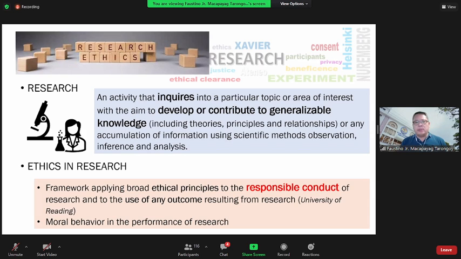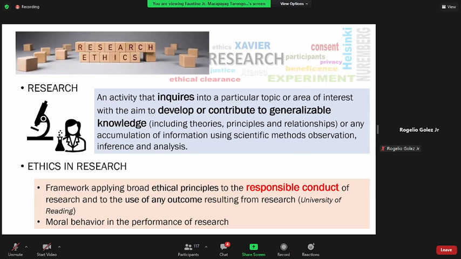And when we talk about ethics in research, we are referring to a framework of principles and guidelines which gives us direction on what responsible conduct of research means, not only in the conduct of the research but also in the responsible use of the outcome that results from your research. So it gives us the moral guidelines, or moral compass, in the performance of research.